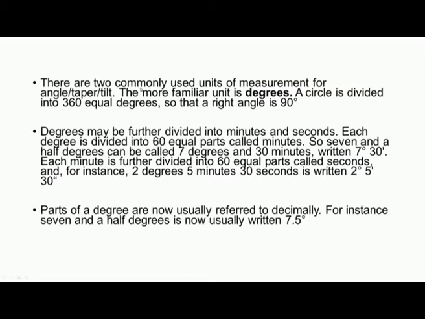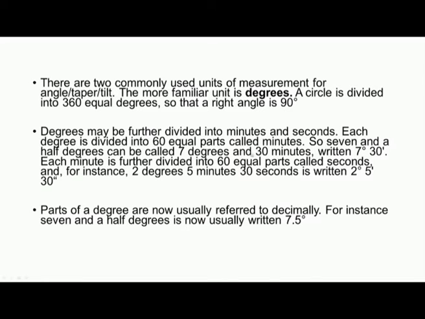That means there are two commonly used units of measurement for angle, taper or tilt. The more familiar unit is degrees. A circle is divided into 360 equal degrees, so that a right angle is 90 degrees. Degrees may further be divided into minutes and seconds. Each degree is divided into 60 equal parts, and each part is called a minute.